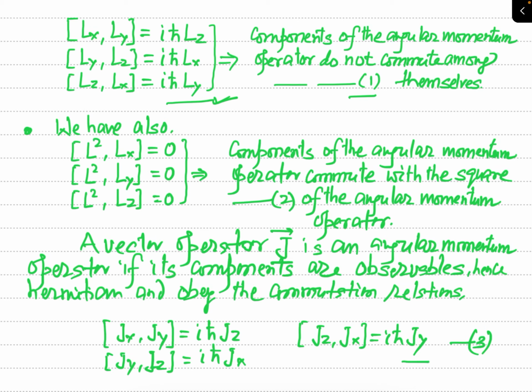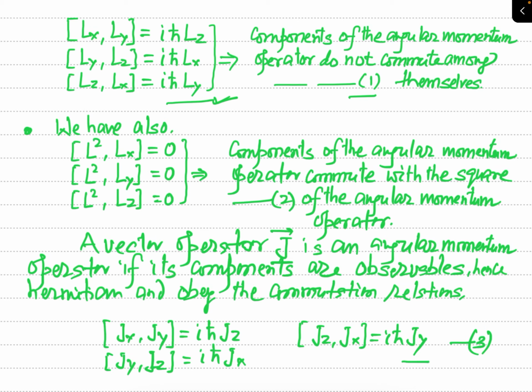I have told you that in quantum mechanics the concept of angular momentum is not limited to the orbital angular momentum, which has a classical analog defined in classical mechanics. Now in fact, this operator J or these observables Jx, Jy, Jz have no classical analog. Even then you can say that these are angular momentum operators.